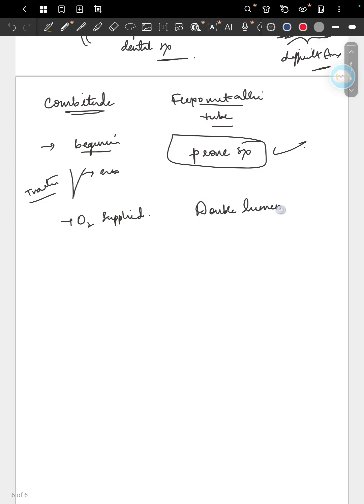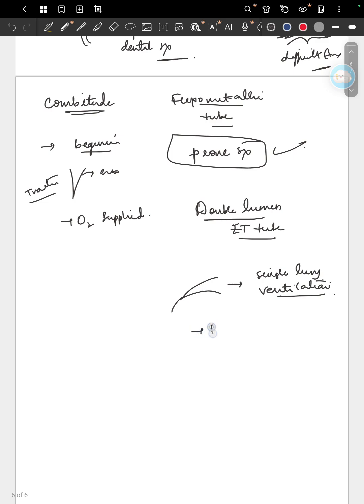Double lumen ET tube will also have two lumens, but the difference here is it helps in single lung ventilation. Unlike flexometallic tube, it helps in single lung ventilation. So if you want to close one side of the lung or stop ventilation on one side, you can use this. To confirm its position, we'll be using a fiber optic bronchoscope.